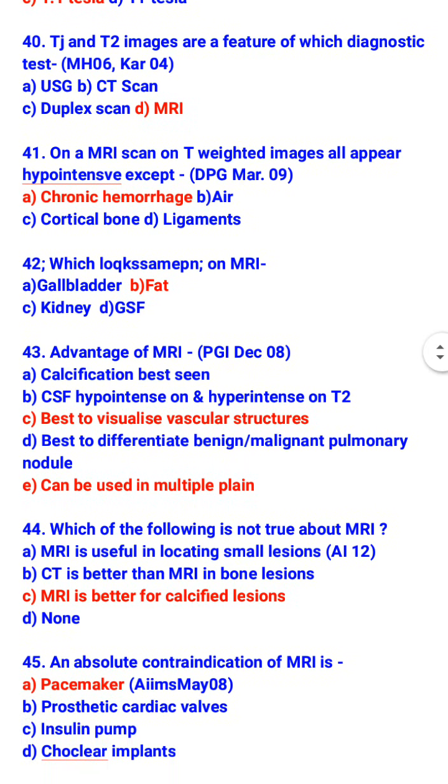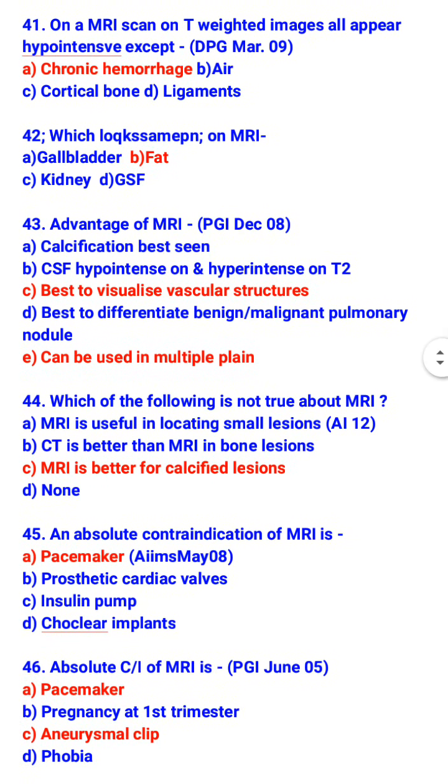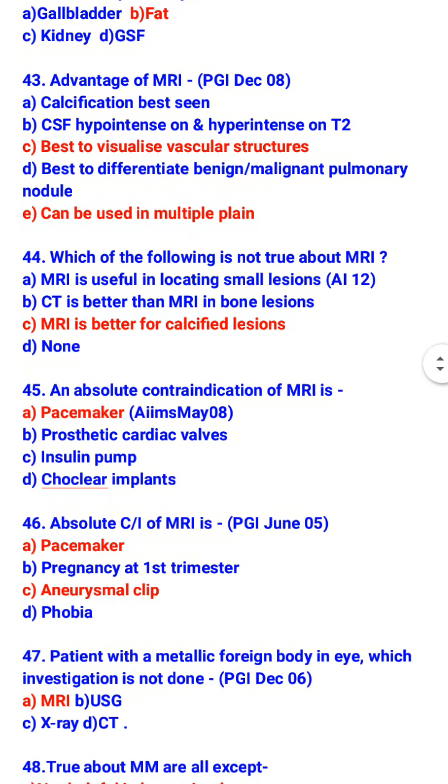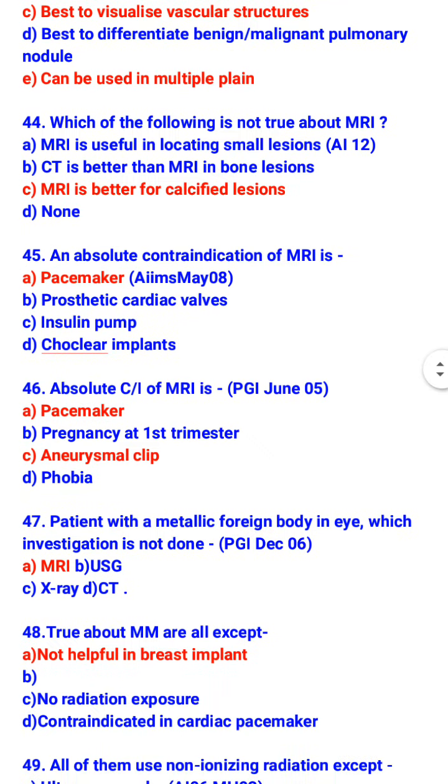The advantage of MRI is that it is best to visualize vascular structures and can be used in multiple planes. Which of the following is not true about MRI? MRI is better for calcified lesions is false. MRI is useful in locating small lesions, and CT is better than MRI in bone lesions. An absolute contraindication of MRI is a pacemaker and aneurysmal clip.